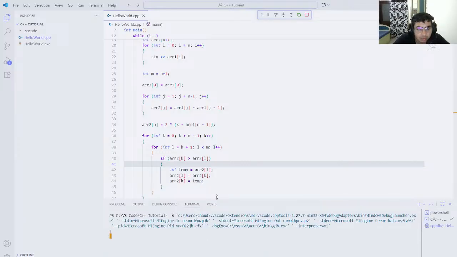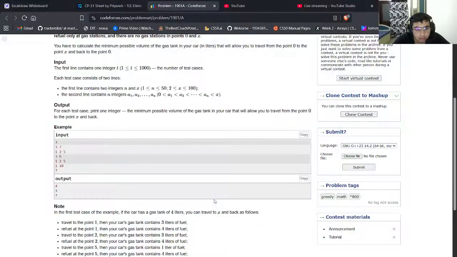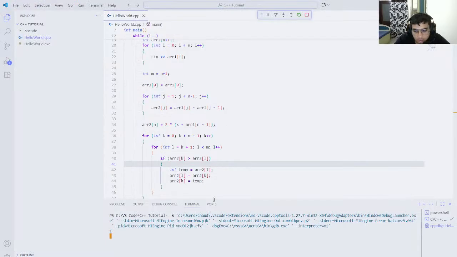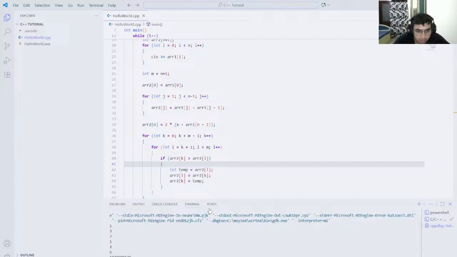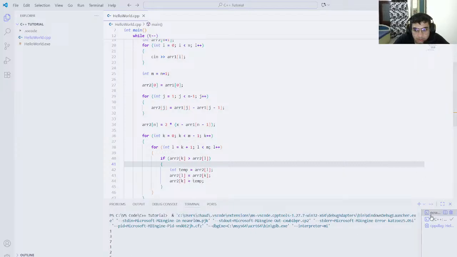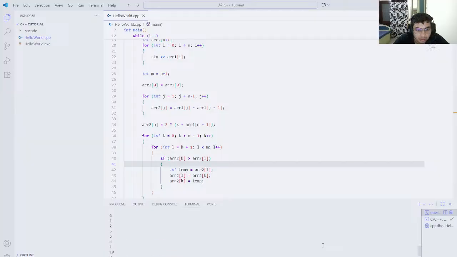One test case. And I will run this 3, 7, 1, 2, 5. Why is it giving this? I mean, it is specifically giving this. Last time also it gave the exact same answer, 1828001.